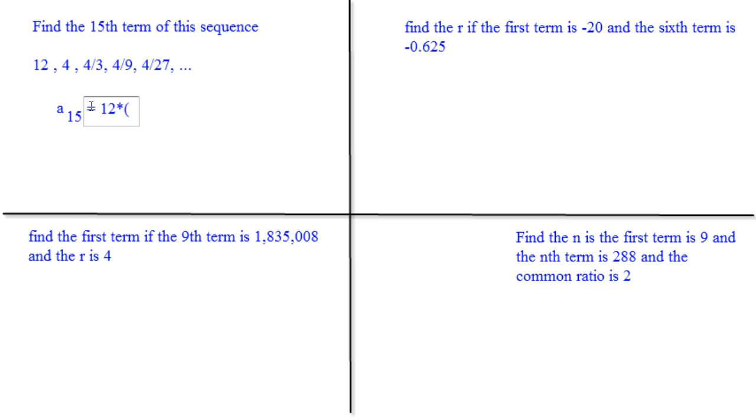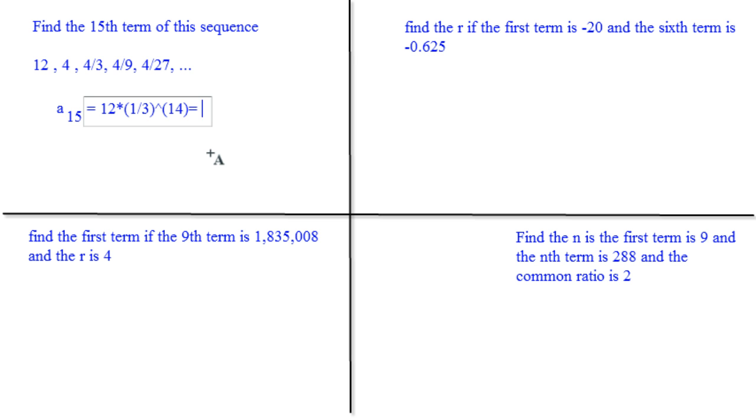Oh, forgot to do it real fast, but it is actually going to turn into 1/3, and then we're going to raise that to the 14th power because it's going to be 15 minus 1, and that is actually going to be a really nasty number. So 12 times 1/3. Make sure you're using 1/3 and not 0.333 because you want to get no decimals used whatsoever.